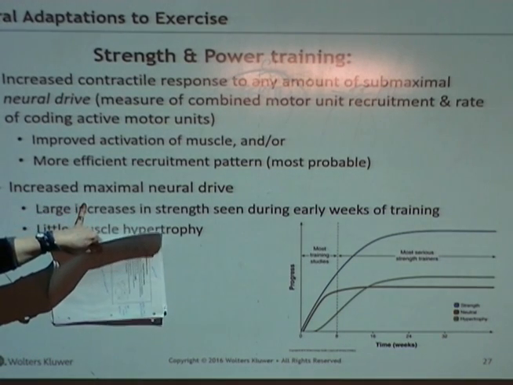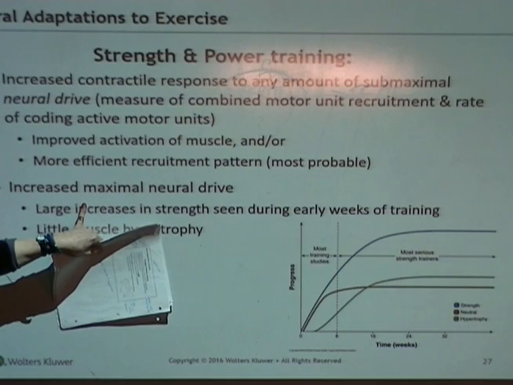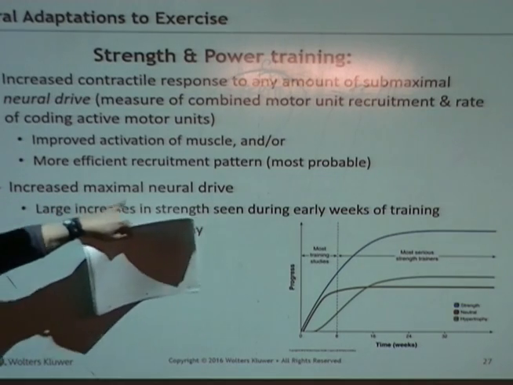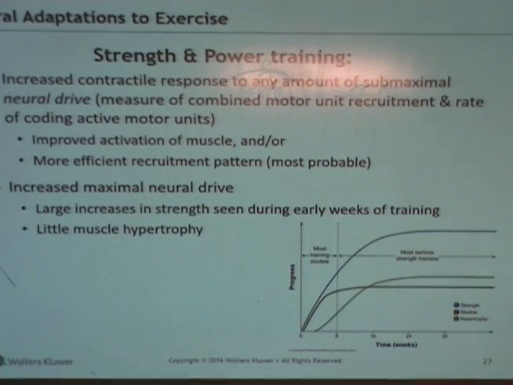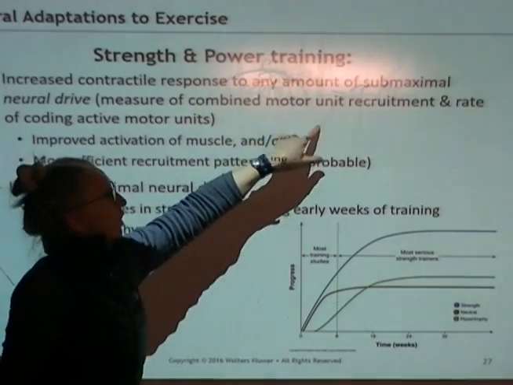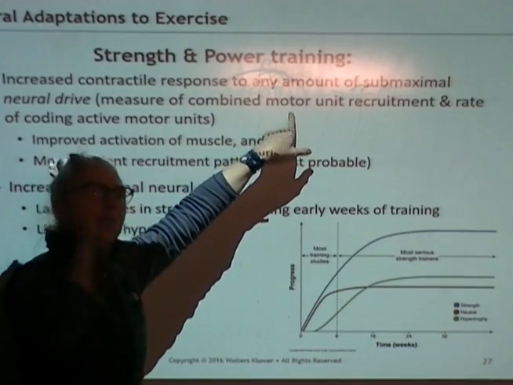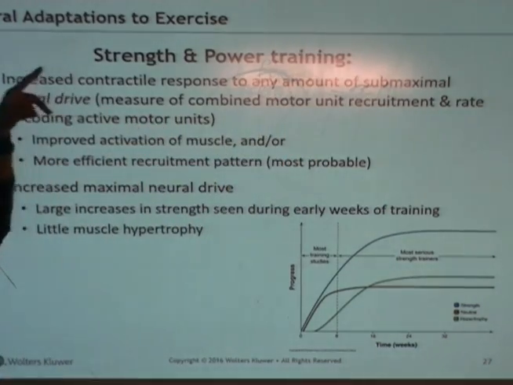And another adaptation that we see is increased maximal neural drive. So the motor unit recruitment and the speed at which the action potential is reaching the muscle fiber increases.